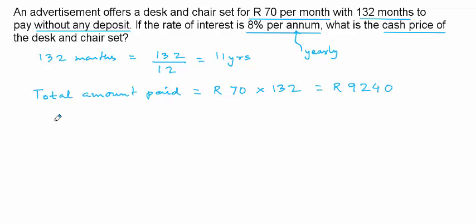So if the cash price of the desk and the chair is P, the amount paid is 9,240 in all, and that is equal to P times 1 plus the rate of interest 8 expressed as a decimal divided with 100 times the number of years, which is 11.